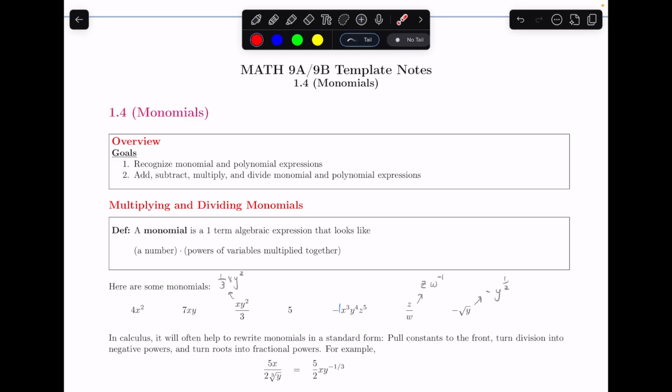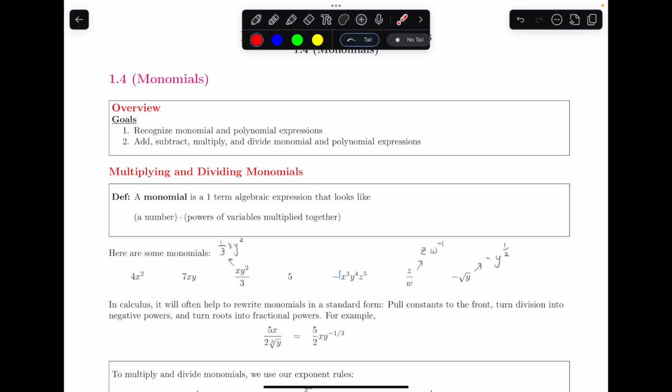Okay. So in calculus, it's often helpful to rewrite monomials in what we call standard form. In standard form, we pull any constants to the front. Any sort of division you have with variables, you turn those into negative powers like we did here. And we rewrite roots using fractional powers.